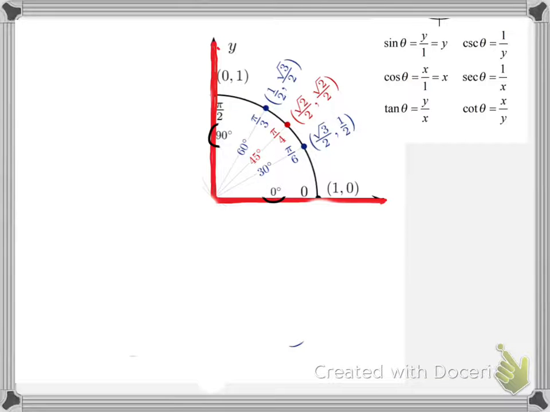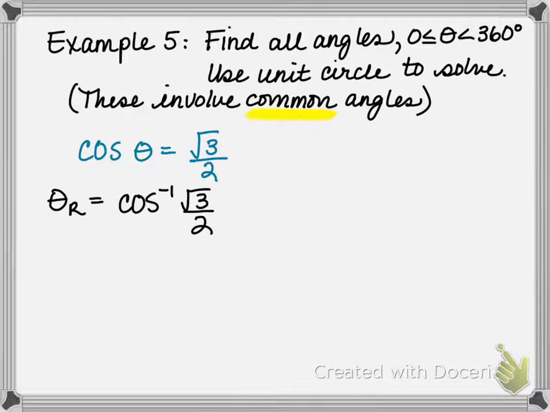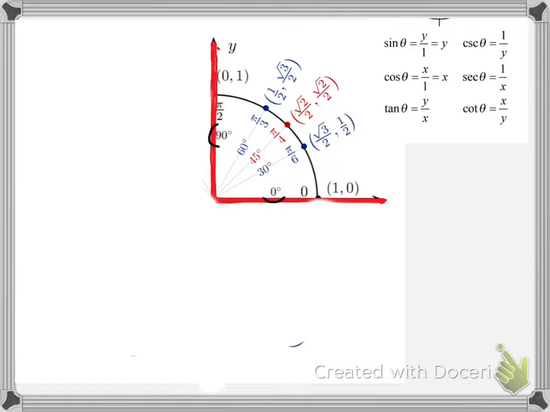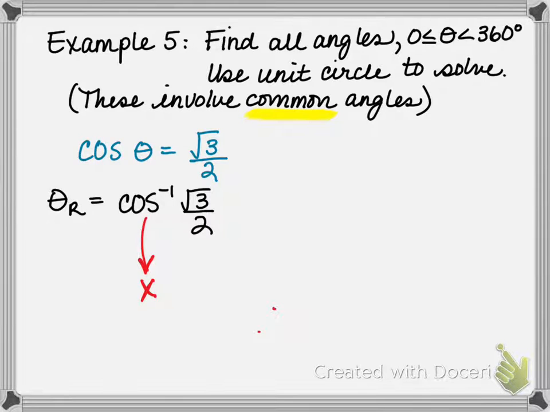Now, the question in our problem was, which angle is going to be cosine inverse of square root of 3 over 2? If you look at your formula sheet, cosine is equal to x. Cosine is my x value. So going over here, remember, cosine is equal to x. You're going to look at the x values where it is equal to square root of 3 over 2.